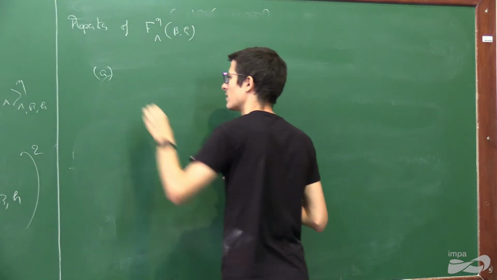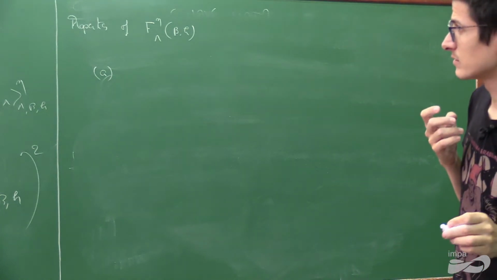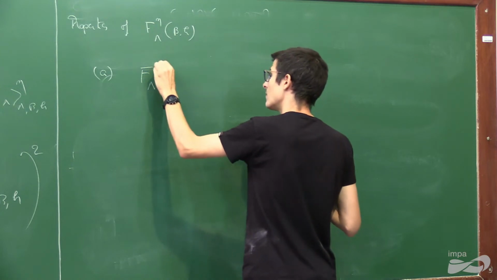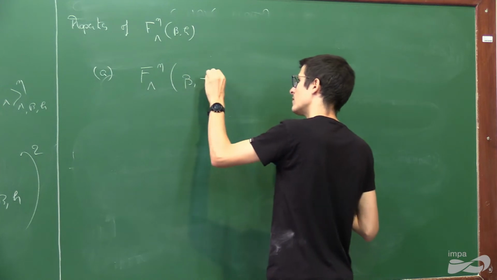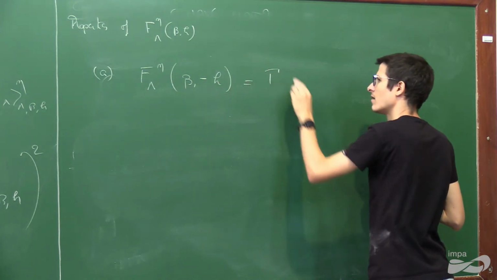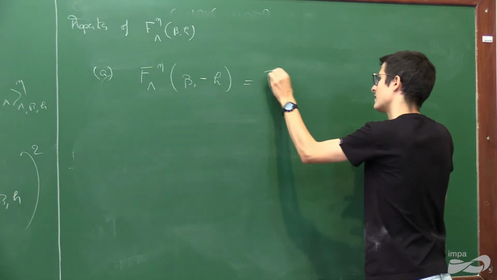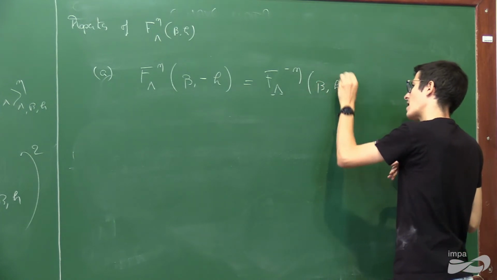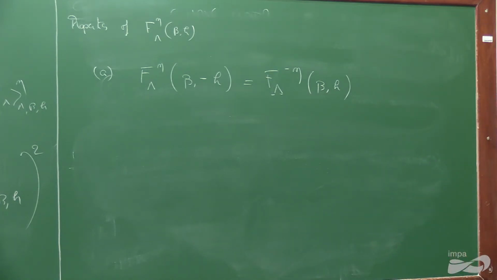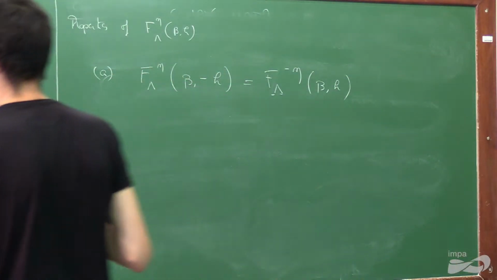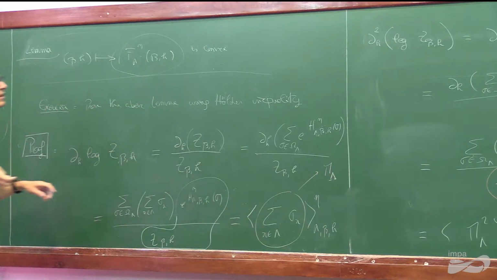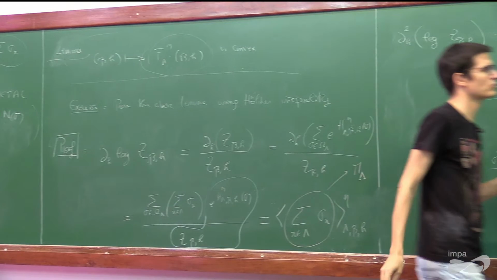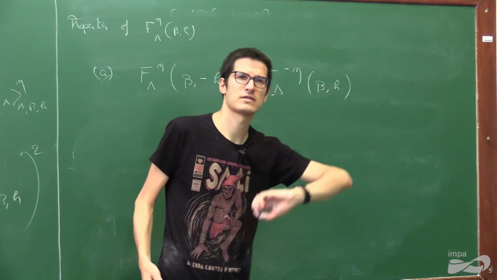Well, this thing is almost symmetric in h, in the sense that if you replace h by its opposite, what you just have to do to recover the free energy with h is reverse the boundary condition.